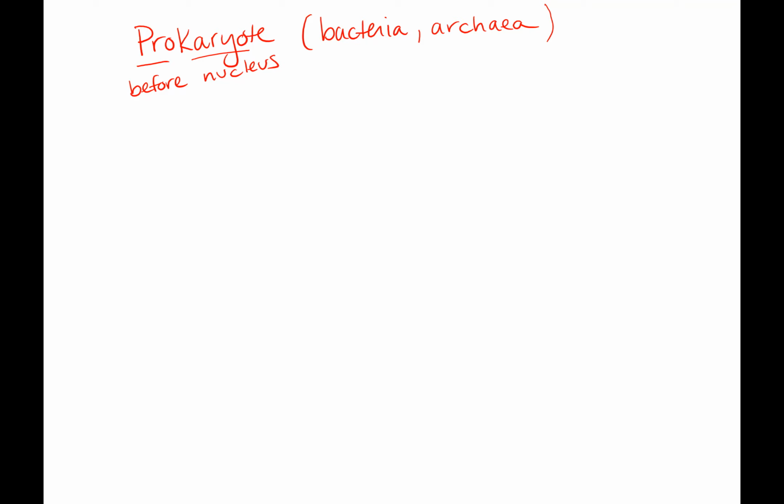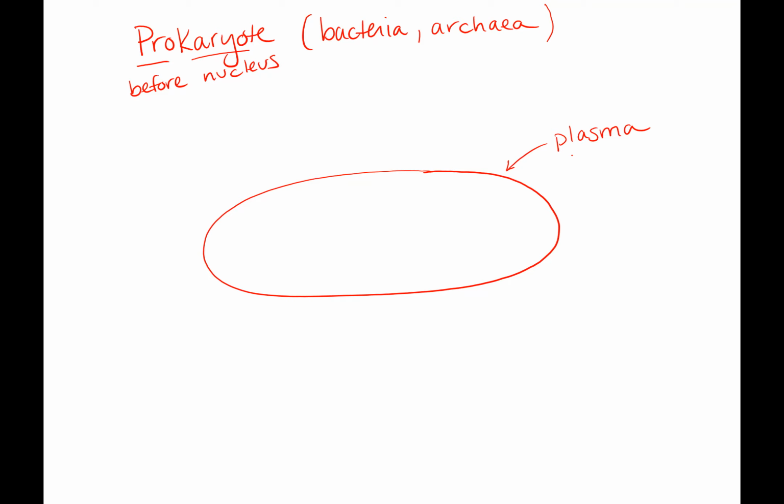But prokaryotes in general share some similar structures. So first of all, they are surrounded by a plasma membrane. And the function of a plasma membrane is to hold the contents inside of a cell.